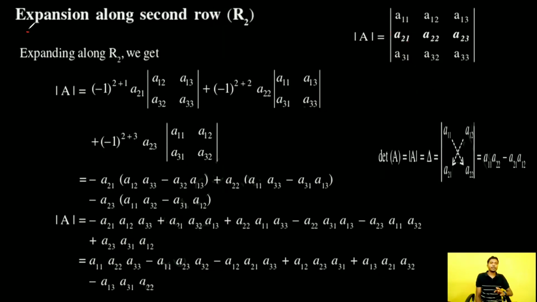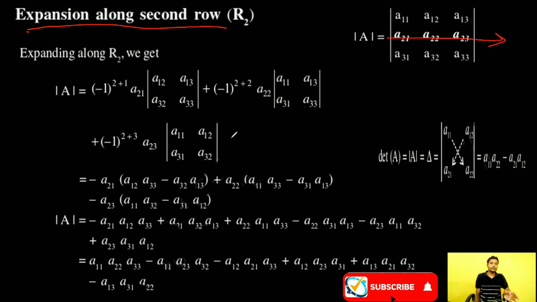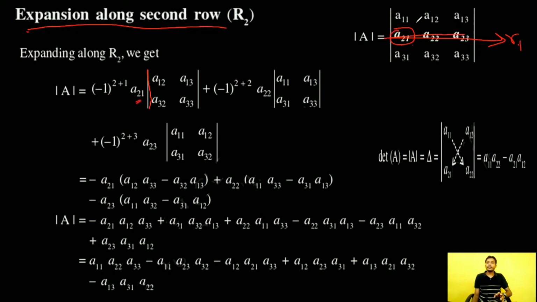This is the second expansion, along the second row. Expansion along the second row is similar to expansion along the first row that I have discussed previously. Here for this first element, the row number is 2 and the column number is 1, so minus 1 to the power 2 plus 1, this element A21, and the determinant will be all the elements leaving this row and this column, C1 and R2.